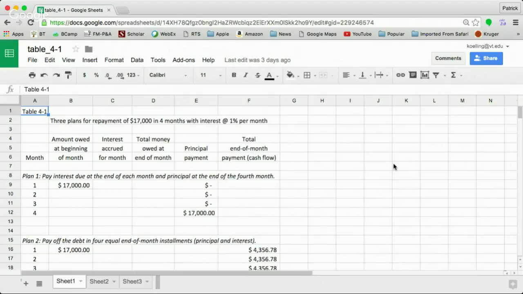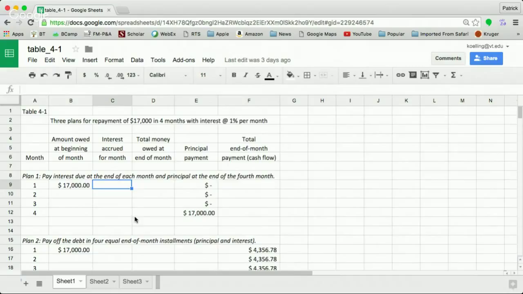So you can see we've already filled out the amount that was borrowed initially, how much we owe at the beginning of the 1st month, and here the payment we will make on the principal of the loan at the end of the 4th month. Let's calculate some of these values.